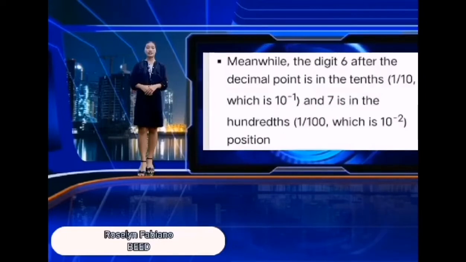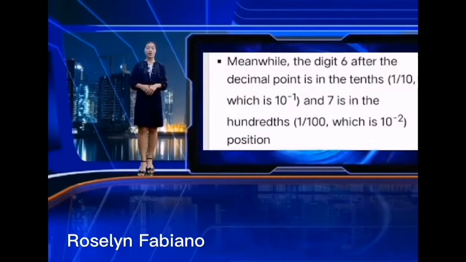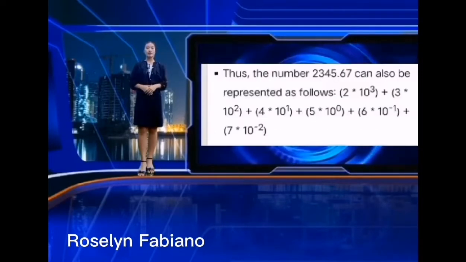Meanwhile, the digit 6 after the decimal point is in the tenths, 1 over 10, which is 10 to the power of negative 1. And 7 is in the hundredths, 1 over 100, which is 10 to the power of negative 2. Thus, the number 2345.67 can also be represented as follows.